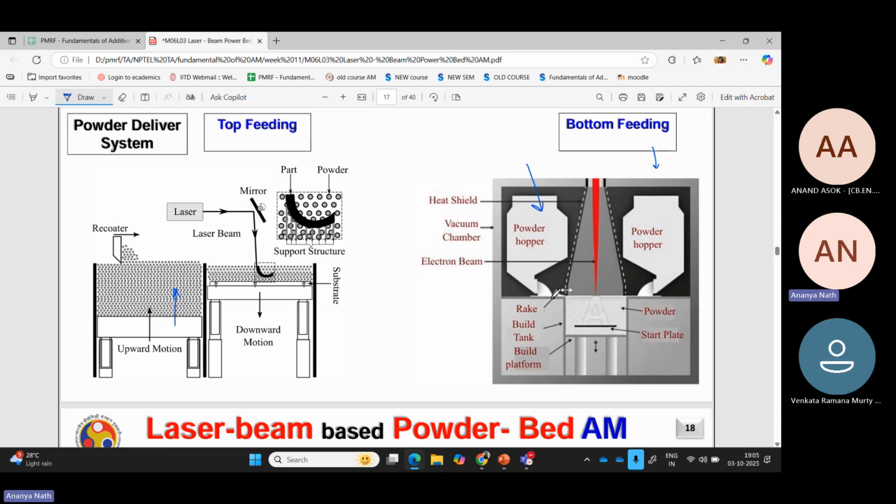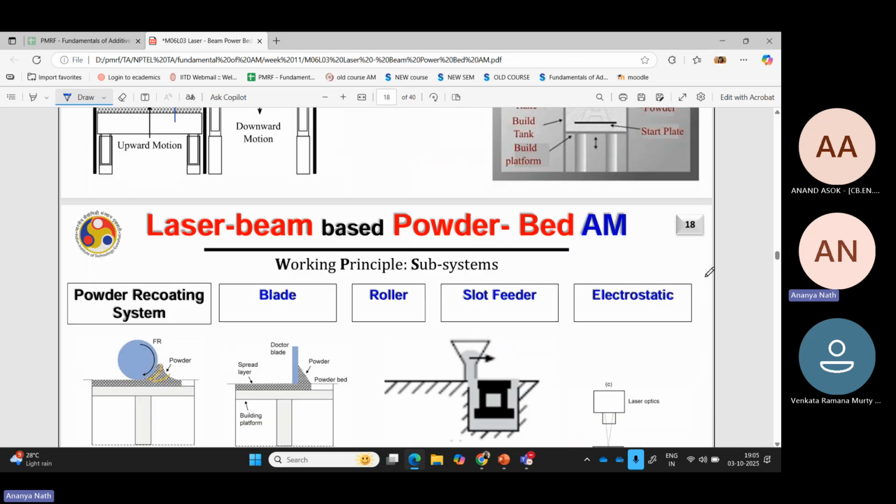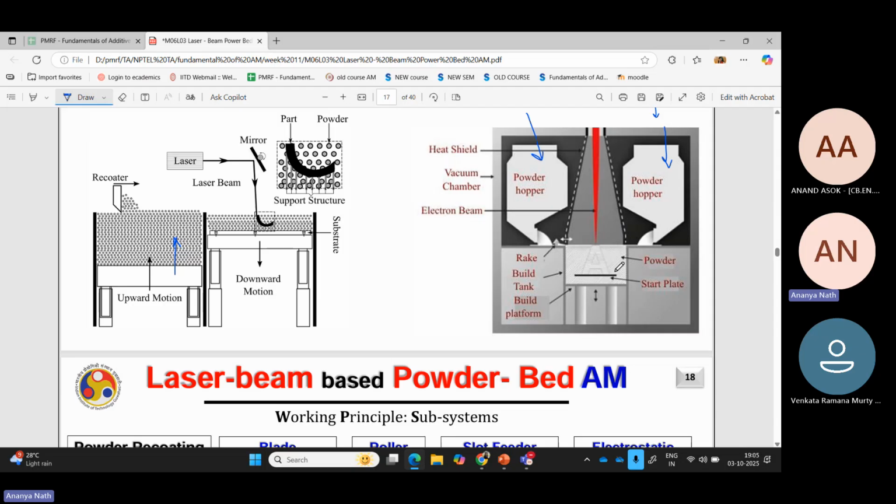And your powder is getting spread over the build plate. When it's moving from here to here, the powder is getting spread. Then from here, again, the recoater is moving, spreading the powder. So it's called the bottom feeding. This can also be done. This is mostly done in case of the electron beam system. For laser system also, the SLM company uses this type of feeding system, whereas the EOS company uses the other type of feeding system.